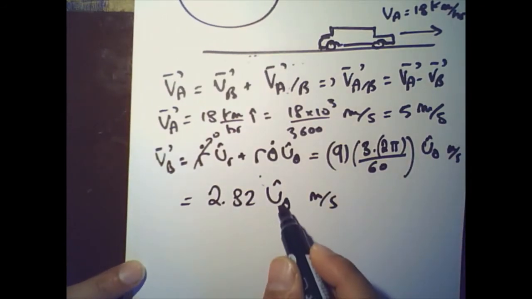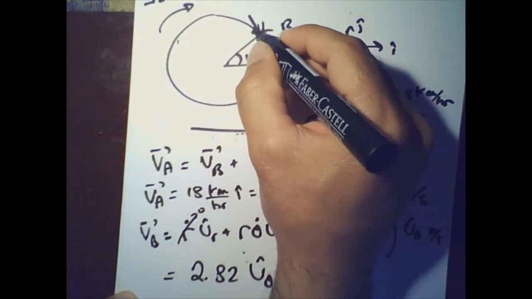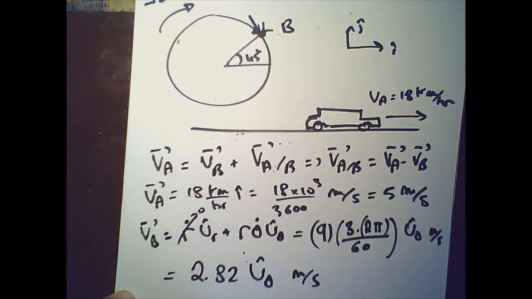Now what remains is we need to find U theta. How do you calculate U theta? So U theta is a vector that is basically 45 degrees. So we have a 45 degree like this, right? And then this vector is coming downward like that, right? So we know this angle is going to be here 45 degrees, right? So it's going to be cosine 45 in the I direction, and then minus sine 45 in the J direction.